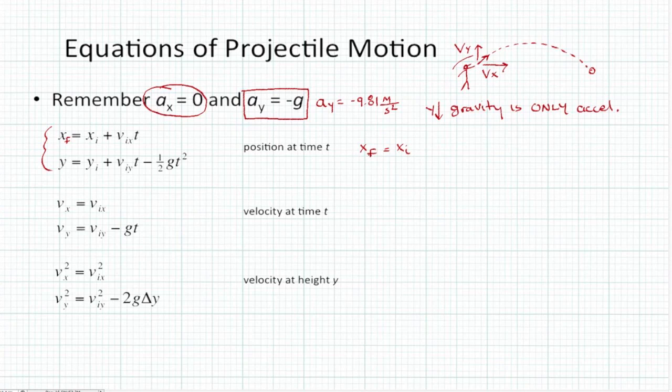It's not subtracted from x final, but it's added now, plus initial velocity times time plus one half acceleration times time squared. Look familiar?